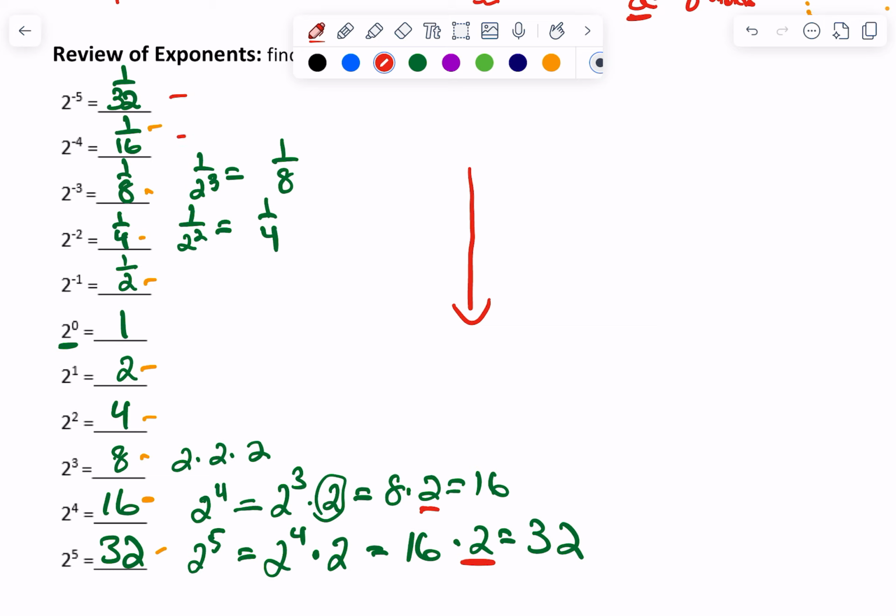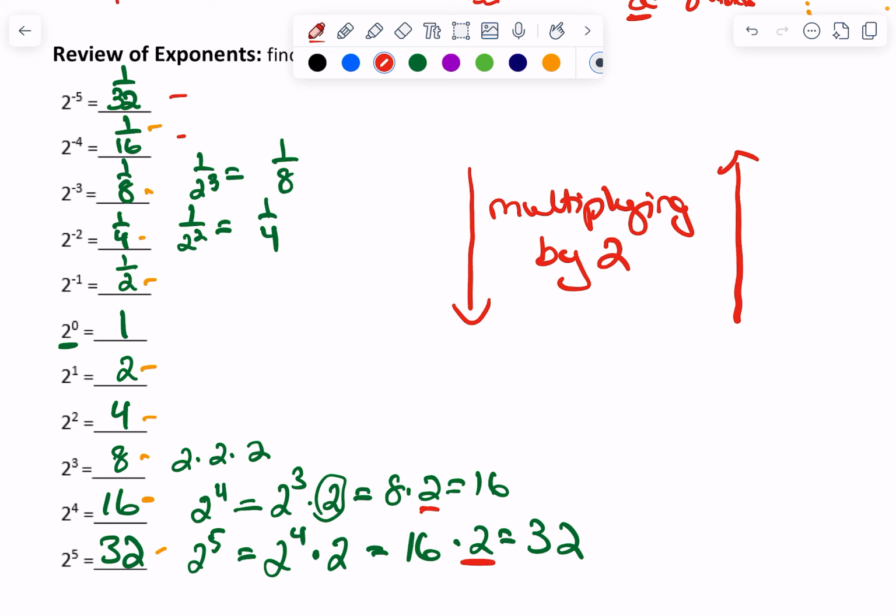So going down, we are multiplying by 2. When we're going up, or towards the larger negative exponents, we're doing the opposite, which means that we are dividing by 2.